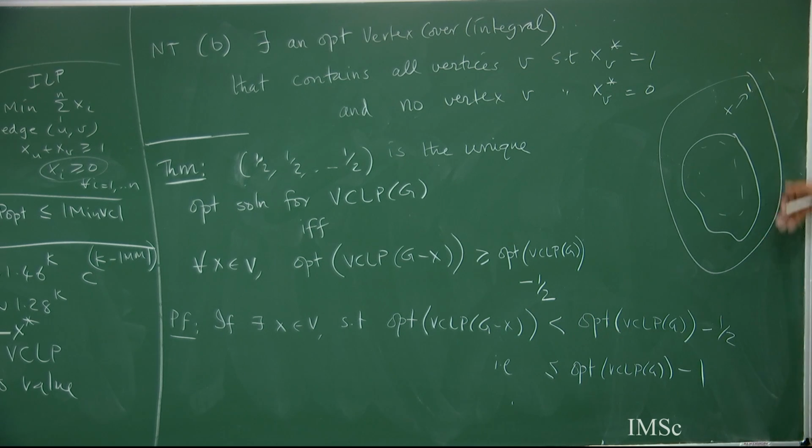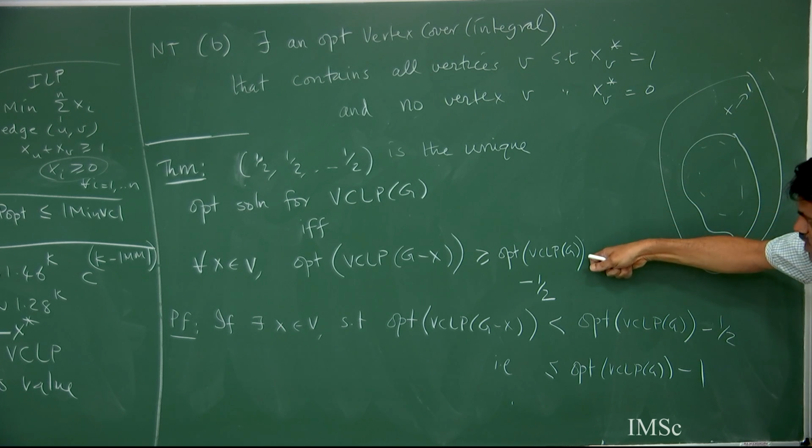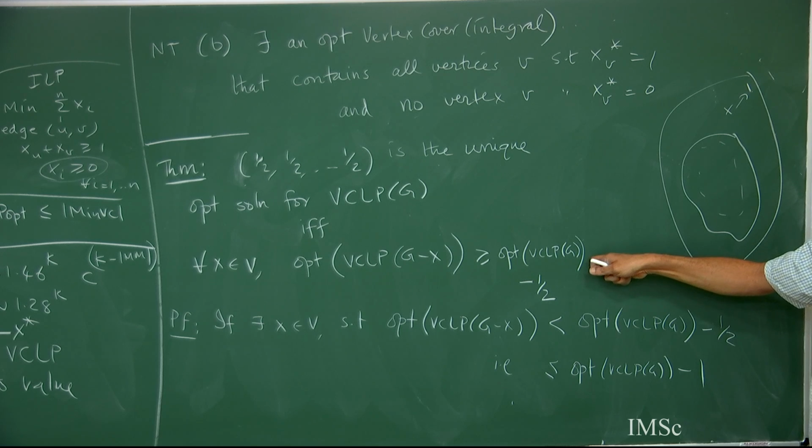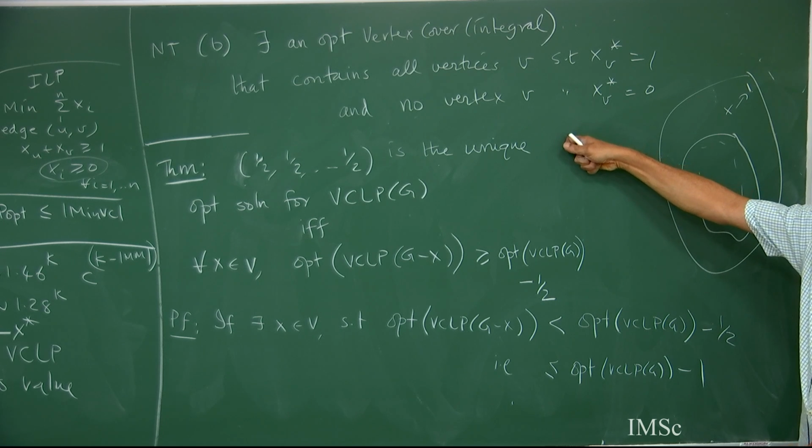So, what is my total value now? It would be less than or equal to the optimum, but it cannot be less than optimum, so it will be equal. So, what I have shown is a solution for the original LP which is not all halves, because this is 1. Okay, so that shows one direction. If there is some x that violates this constraint, all halves is not the unique optimum solution.